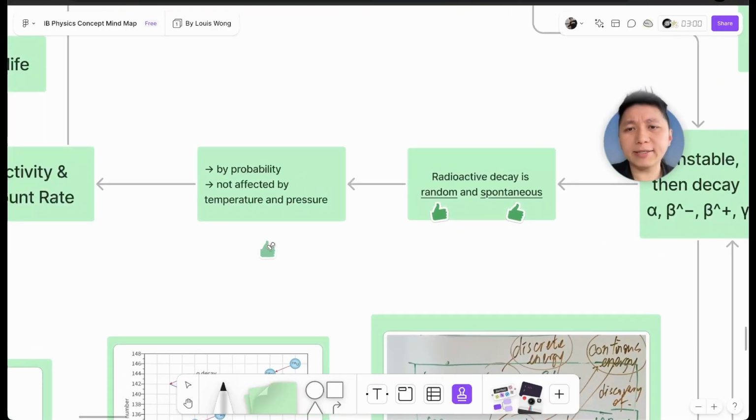So the word random, it doesn't mean that they are unpredictable. That's wrong. The better way to understand it is that the radioactive decay is by probability. That means in the next decay, let's say you have a certain percentage chance that you may decay or not decay. It's like you flip a coin: 50% is head, 50% is tail.